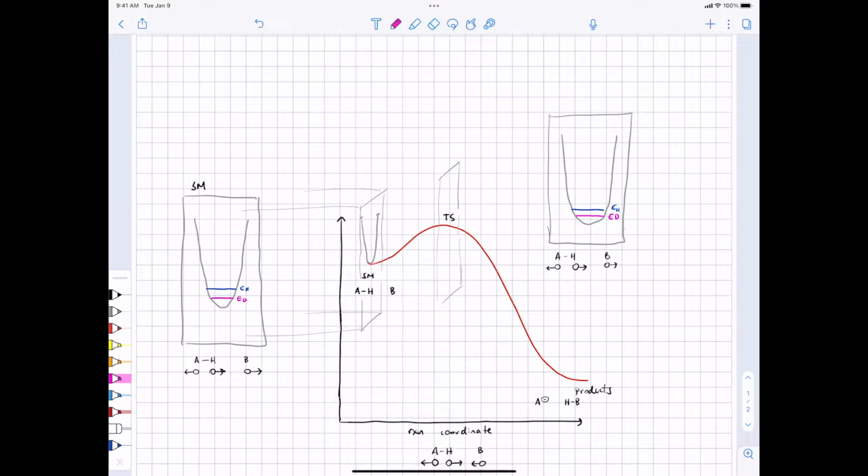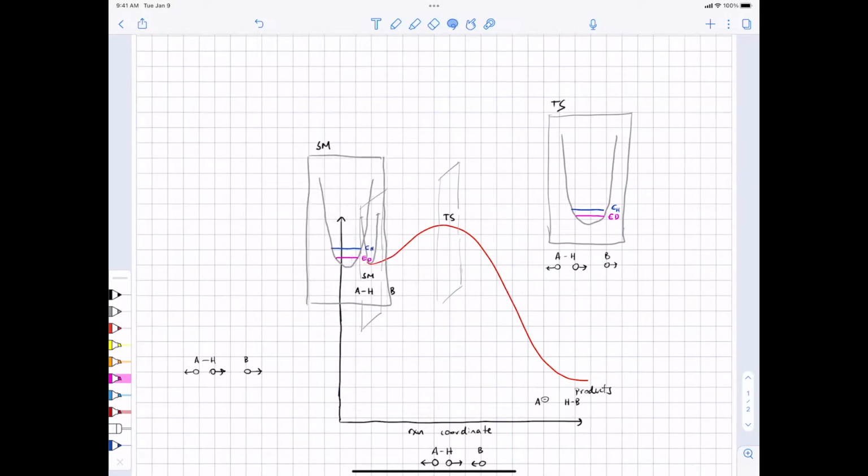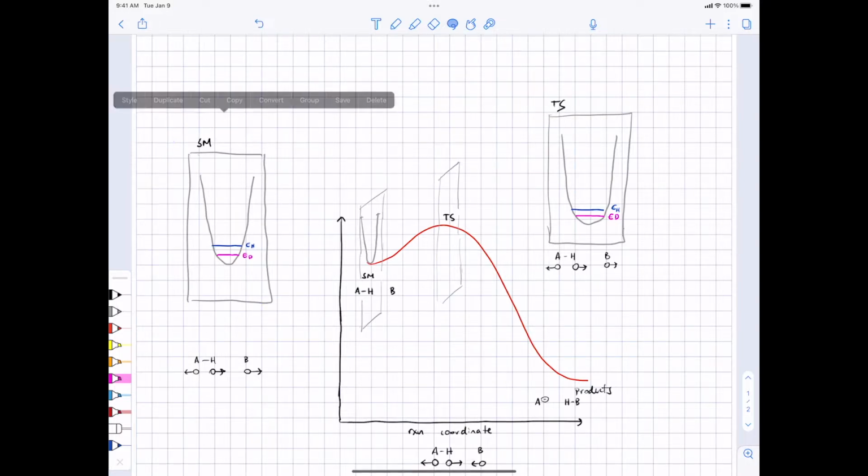This is transition state. Okay, and then I'm going to do the same thing down here. I'm going to try to put this view sort of with the well right there.